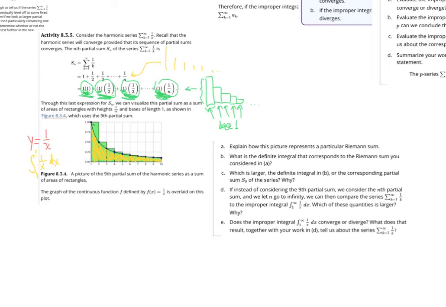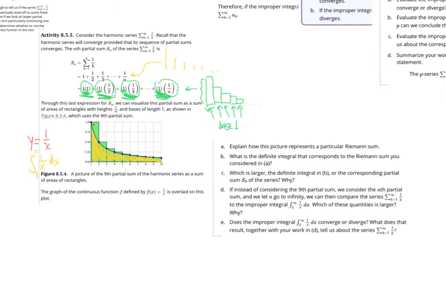So I would write a 10 there for part B. To answer which is larger, the definite integral or the ninth partial sum, which would be the sum of the areas of these rectangles, well, we can see that the partial sums kind of stick out from what the integral would be, which means the partial sum would actually be larger.